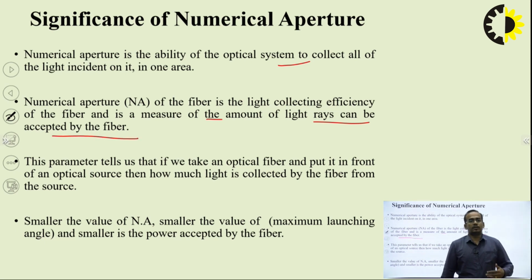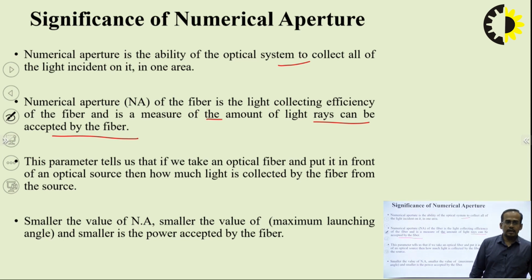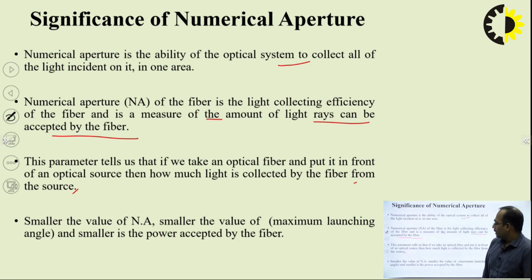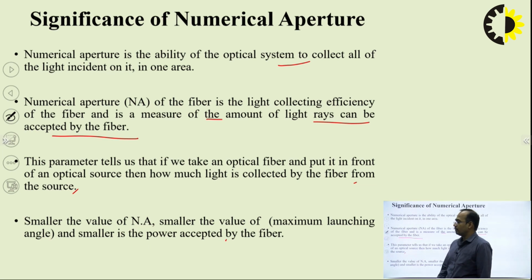This numerical aperture also tells us, if we take an optical fiber and put it in front of an optical source, how much light is collected by the fiber from the source. The smaller the value of numerical aperture, the smaller the maximum launching angle, and the smaller the power accepted by the fiber.